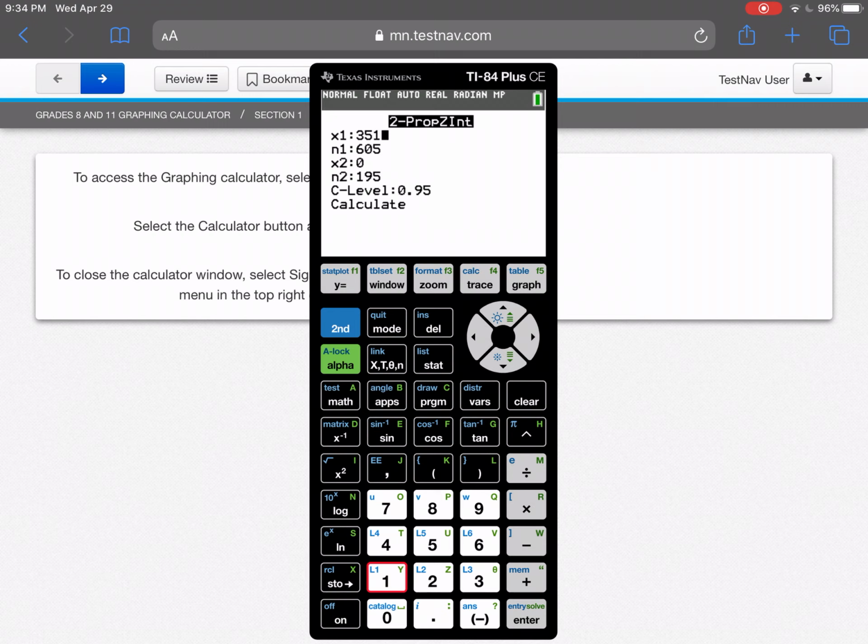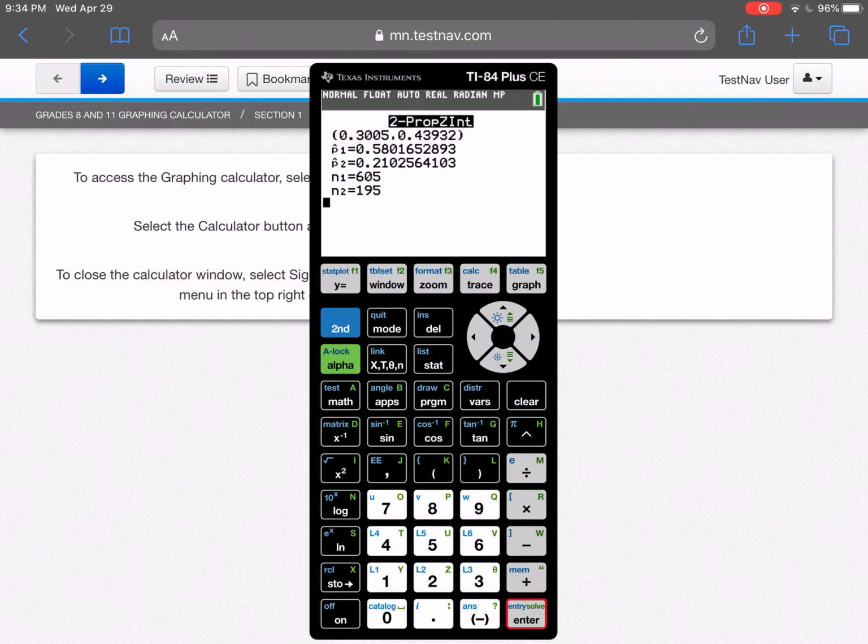If you don't do that rounding, it will give you an error. And I'm going to do the same thing here. So 195 times 0.21, hit enter, and I'm going to round that 40.95 up to 41. All right, and then I'm going to go down to calculate, and that'll give me that same interval that I calculated. The rounding's a little bit different, but that's a quick way, so you don't have to actually use the formula.